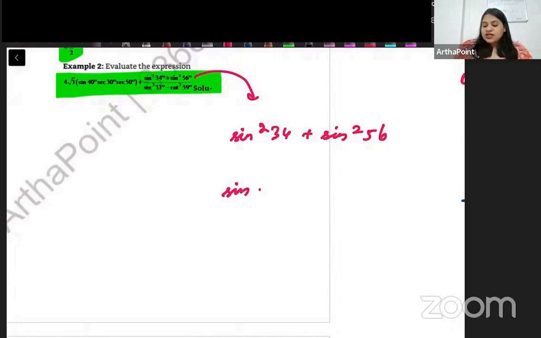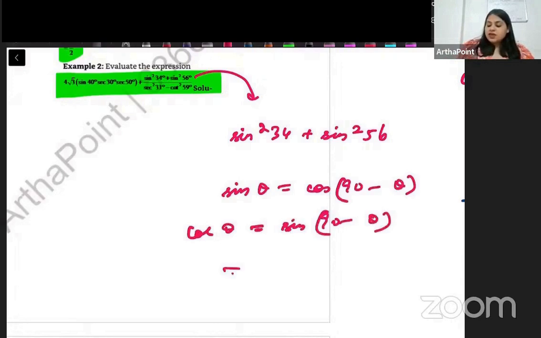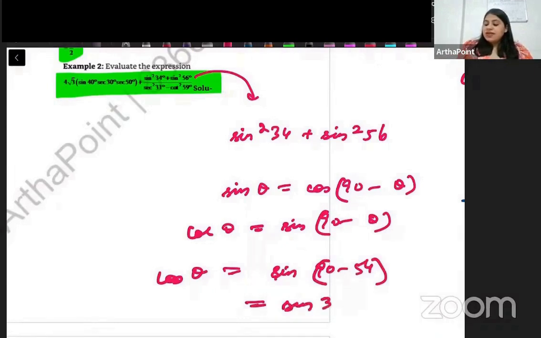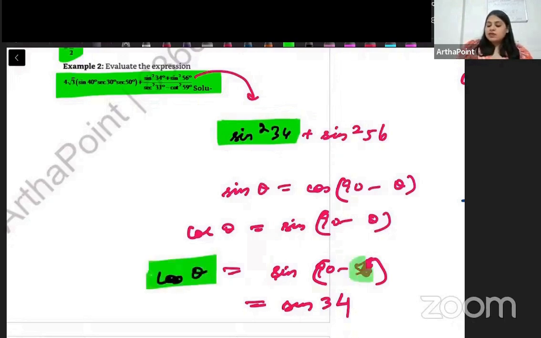We know that sin theta is cos 90 minus theta, and cos theta is sin 90 minus theta. So if I have to find it in terms of cos, then I can say that cos theta will be sin 90 minus 56. So in place of sin square 34, I can write cos square 56.